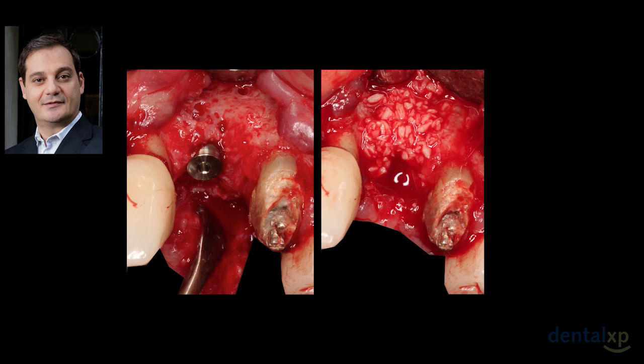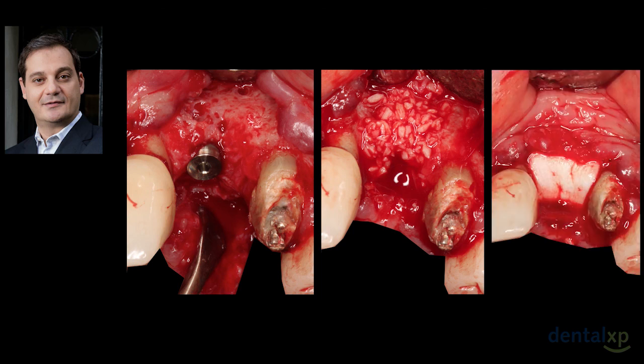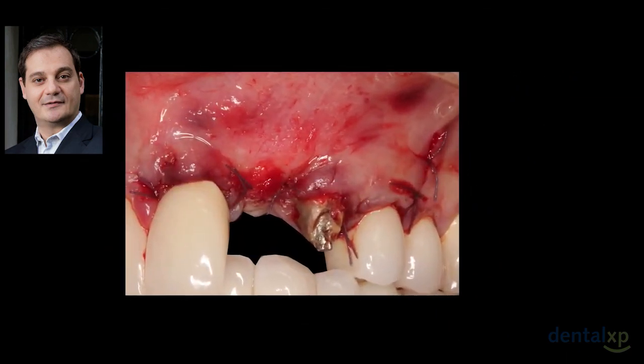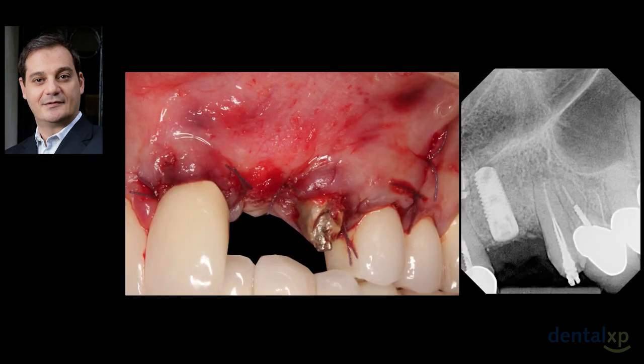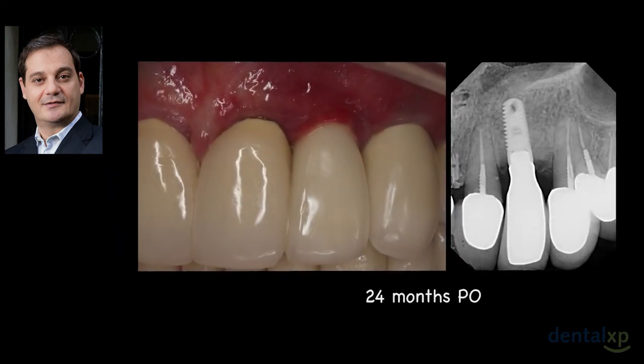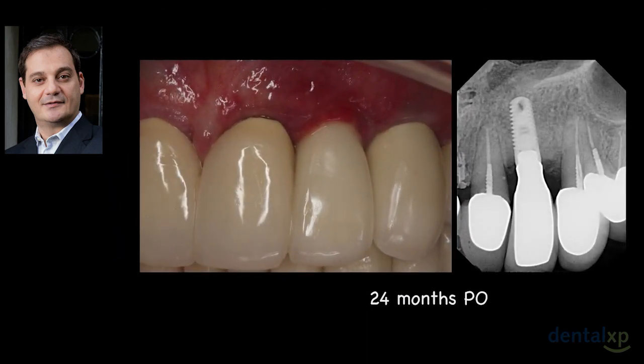I used here more cortical at that point, and I put another ADM because you can see the soft tissue is weak, and I closed it and let it heal, and then this is the result 24 months post-placement and post-restoration. So again, if we follow the norms and we follow everything, we can achieve good success. But the main thing is to avoid getting to that level.